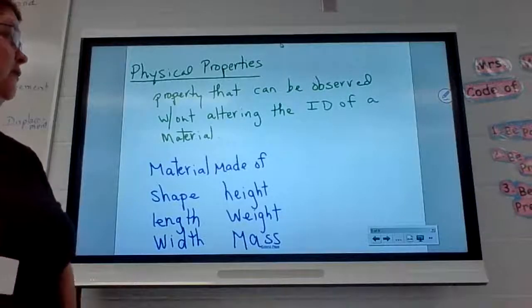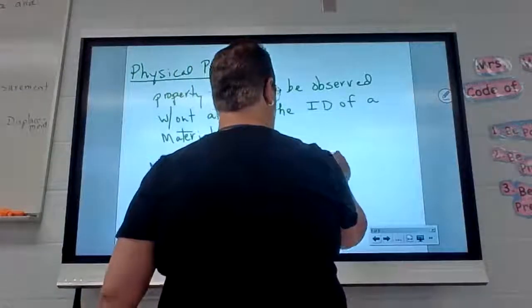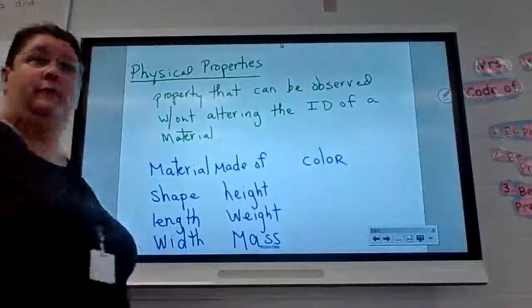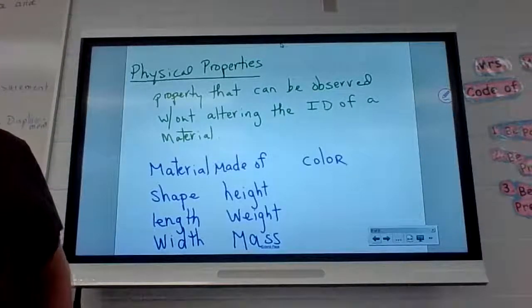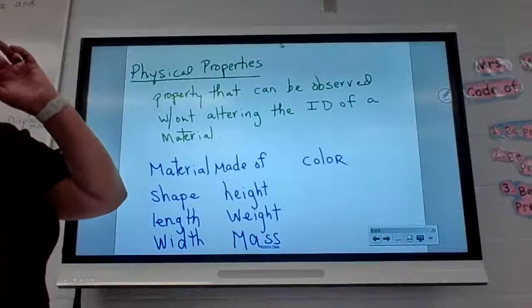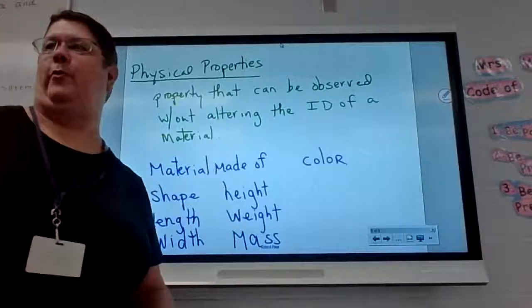That's all y'all got for physical properties? Color. Sure. What's wrong with color? I said brown. Oh, I don't want you to tell me the color, just a physical property.